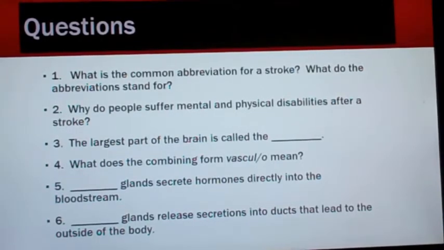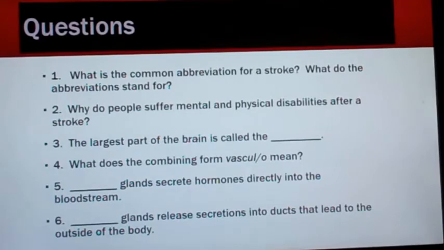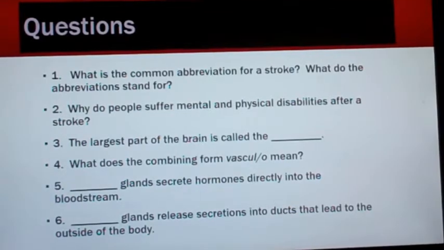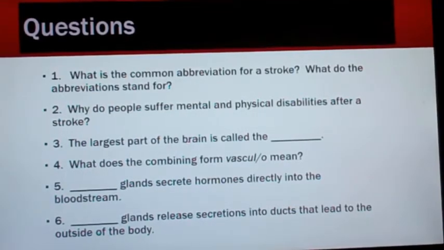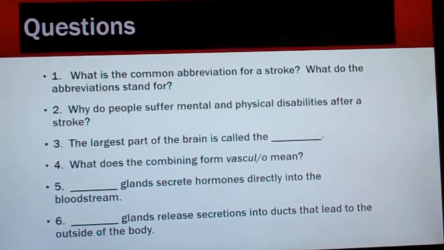Number 5, blank glands secrete hormones directly into the bloodstream. Number 6, blank glands release secretions into ducts and lead to the outside of the body.